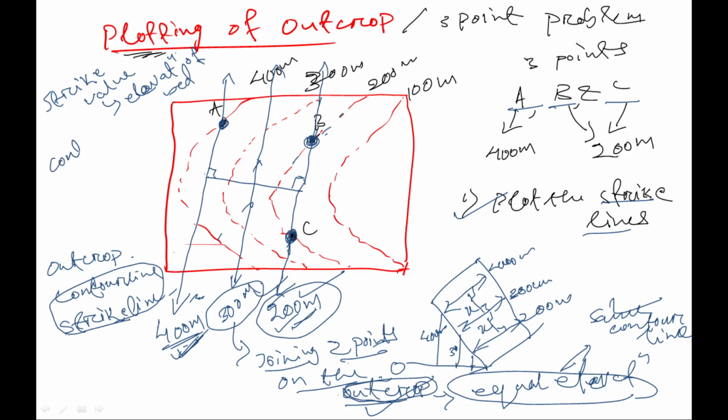Contour value is nothing but the elevation of ground surface. So when the elevation of bed, or strike value, is equal to the contour value, or elevation of surface, then only you can find the bed. Then only the bed will outcrop.